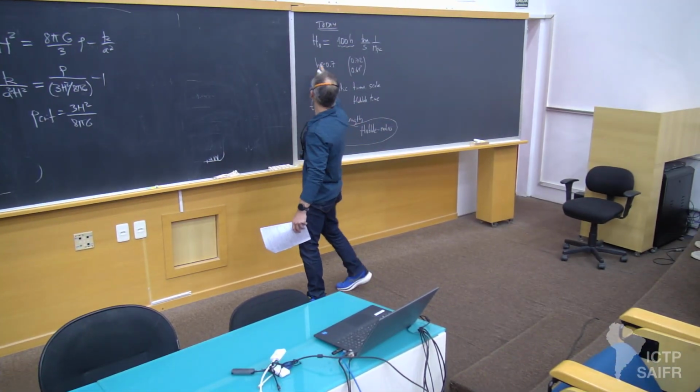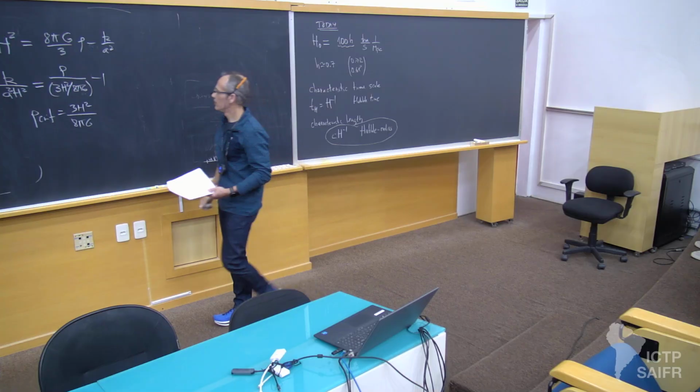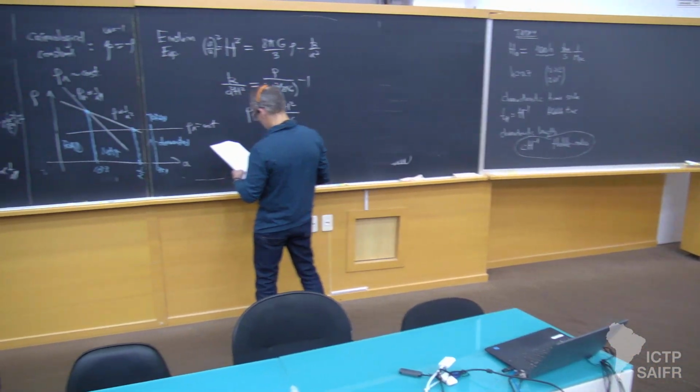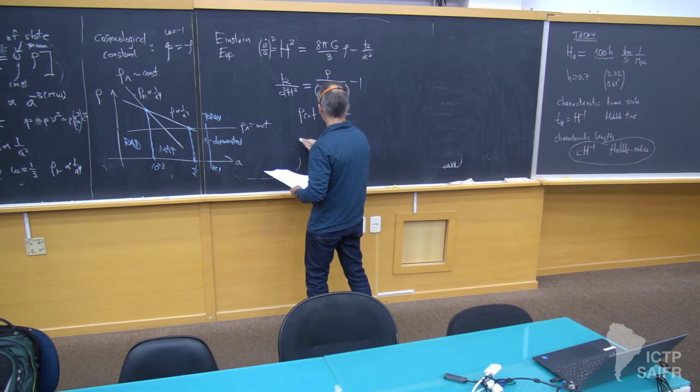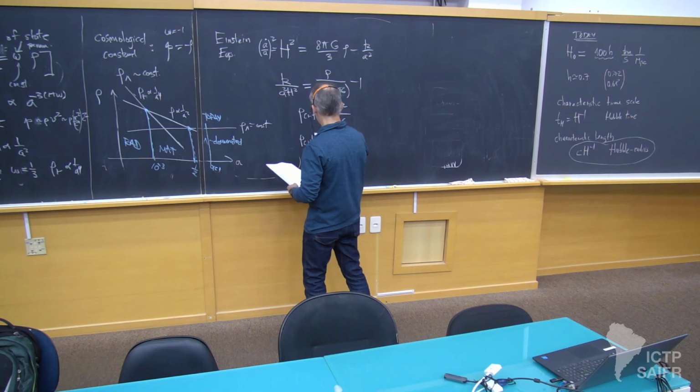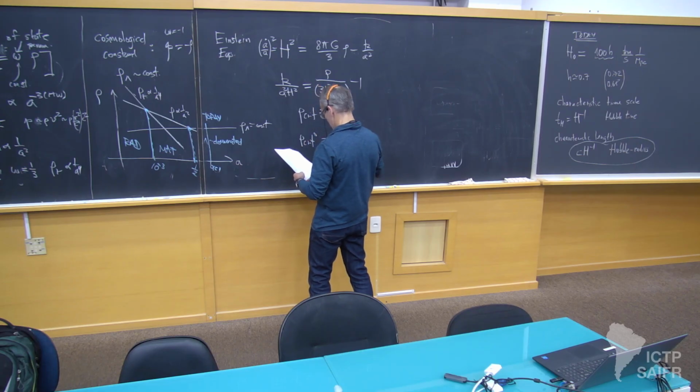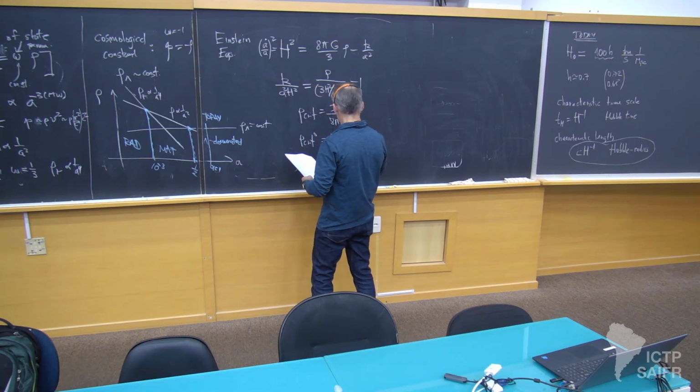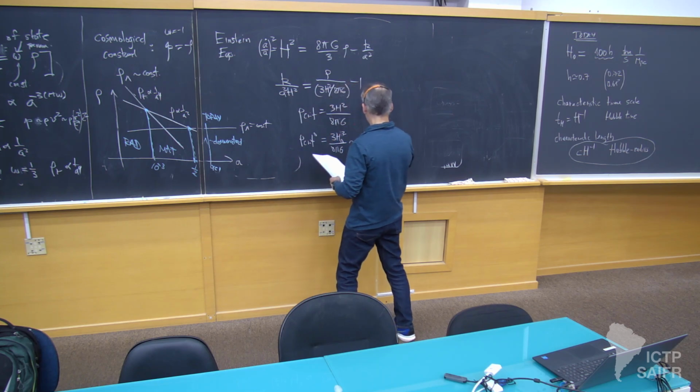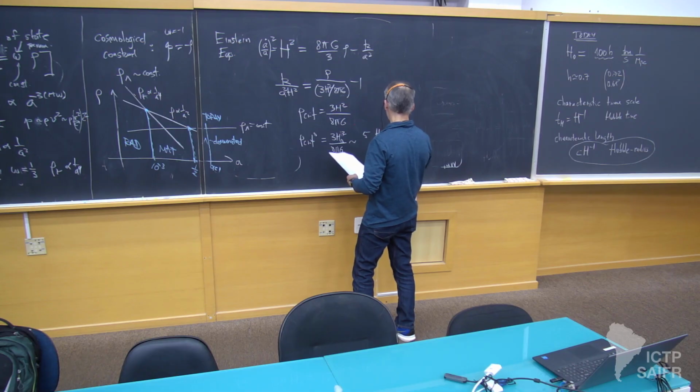Okay? And if you put in the value of the present Hubble constant, then today this corresponds to roughly 5 hydrogen atoms per cubic meter.